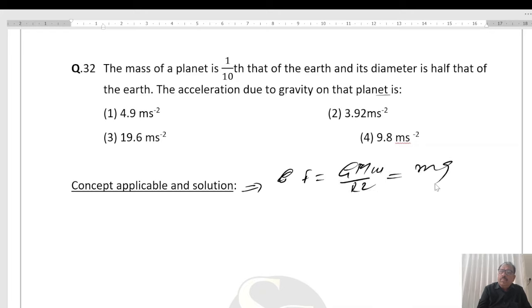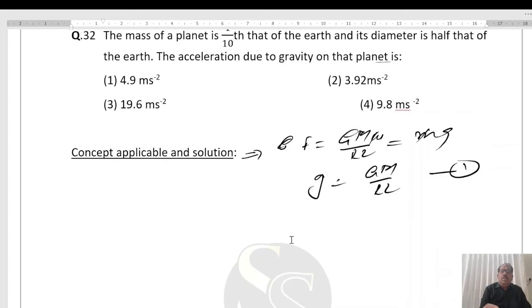Equating that to m g, g comes out to be G M over r square. This is the equation. Now, g planet over g Earth is equal to M planet over M Earth and R Earth over R planet, whole squared.